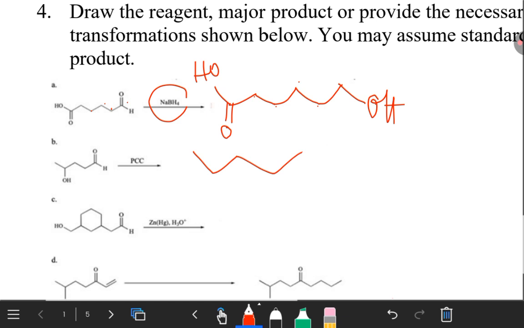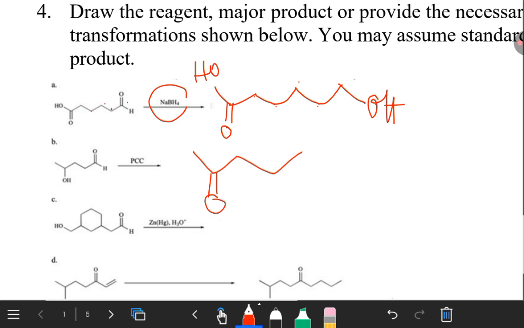Then at this group, which is an alcohol, this is a secondary alcohol. So for secondary alcohol, when they undergo oxidation, we said they form ketone. So at this same position, you must have a ketone like that.